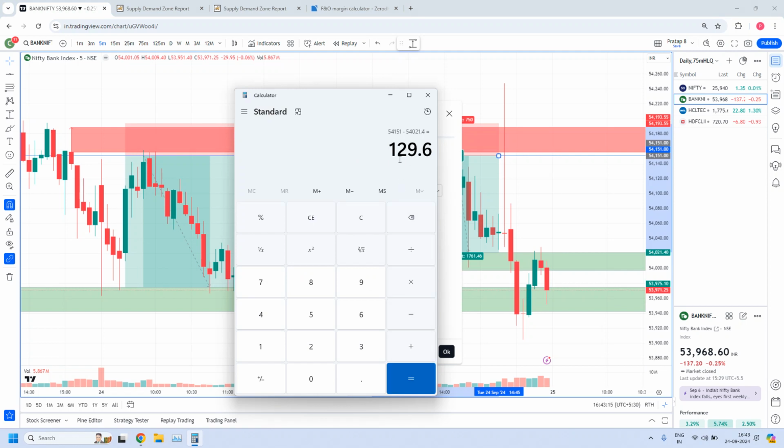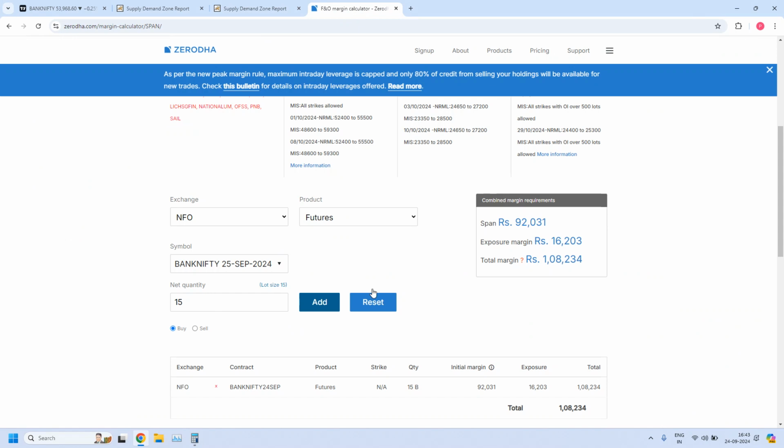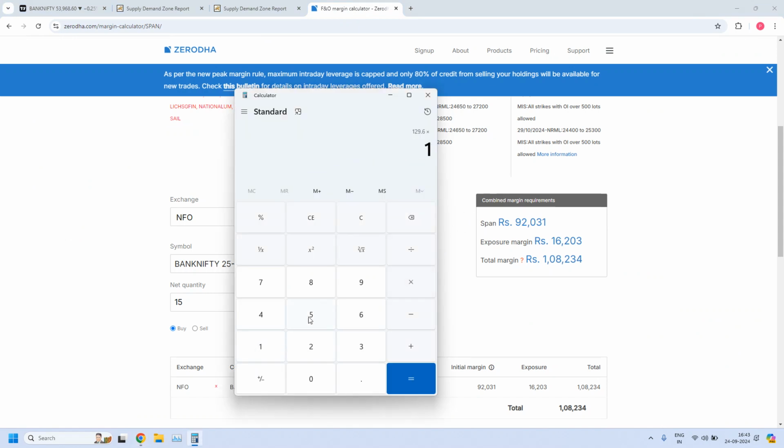So how many points did we get? 129 points. Lot size is 15, so into 15, you got 1,944 rupees profit.